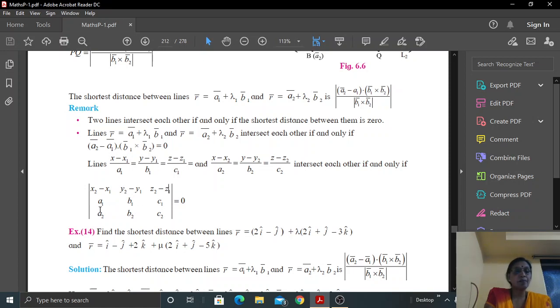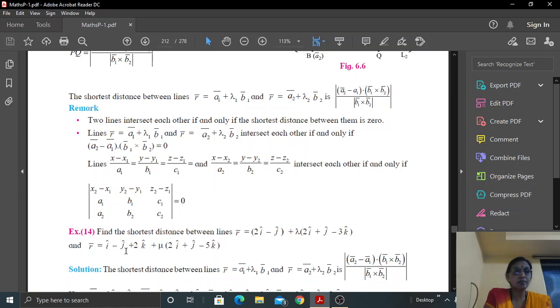Second row is a1, b1, c1, the direction ratios of the first line. Third row is a2, b2, c2, the direction ratios of the second line. Means in this remark the lines are given in Cartesian form. If the lines are given in Cartesian form, then use this formula. Okay, let us see the examples.